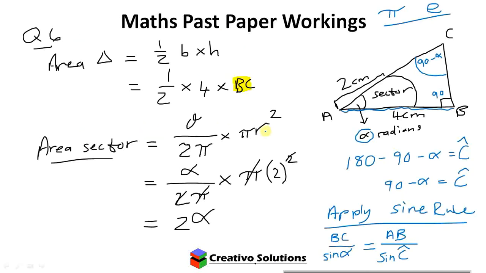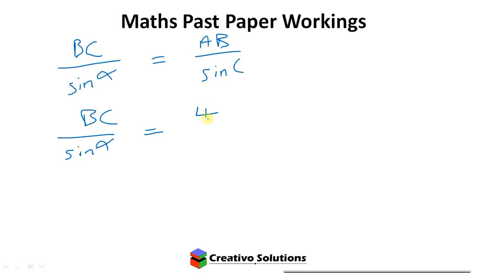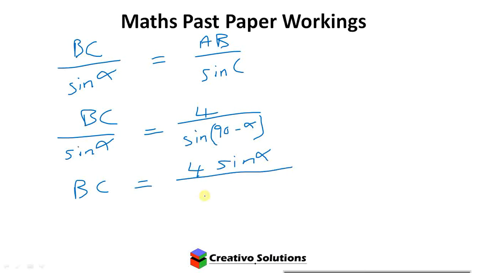Yes, I do. AB is 4 centimeters. Do I know what C is? I just worked it out. 90 minus alpha. So 4 over sine 90 minus alpha. So if I solve for BC, BC is going to equal 4 sine alpha over sine 90 minus alpha.